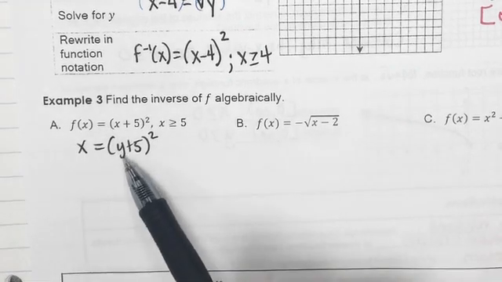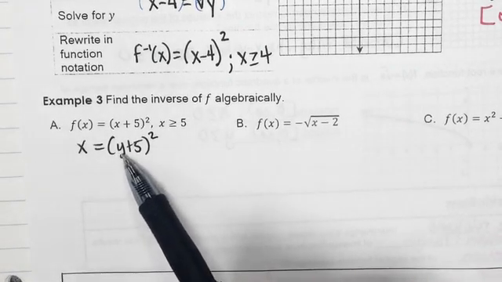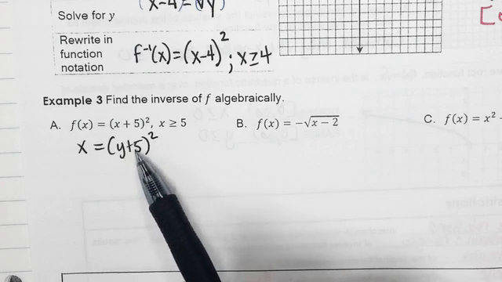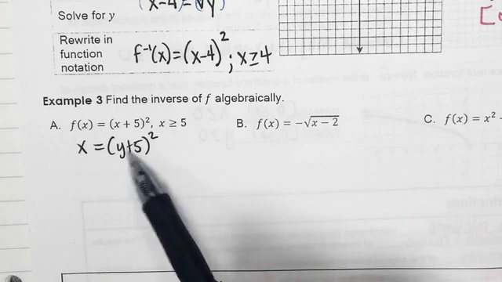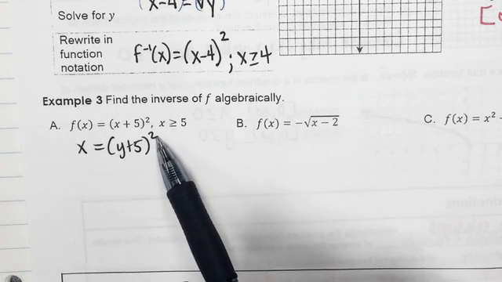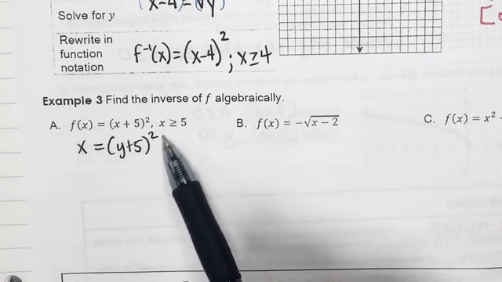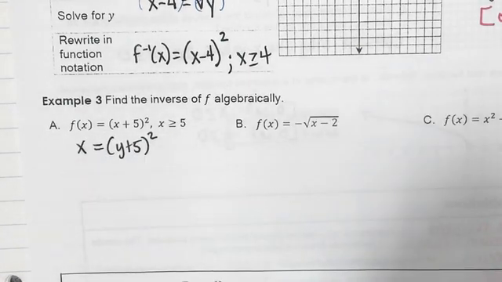All right, you want to get to y, right? So what do you have to undo first in this one? Yeah, I can't get to the 5 yet because this whole thing is being squared. So before I can get to the 5, I have to undo the squared by doing what? What undoes a square? Square root.